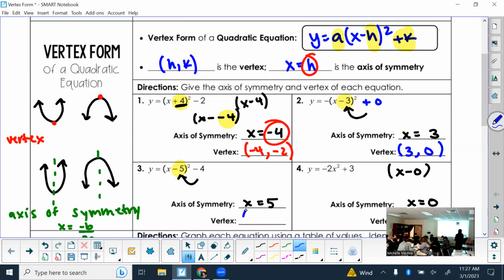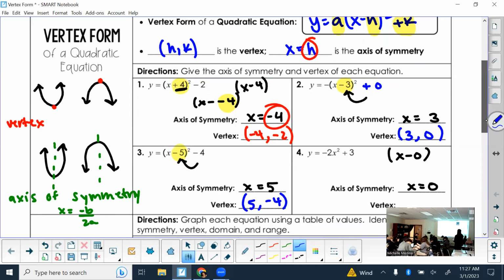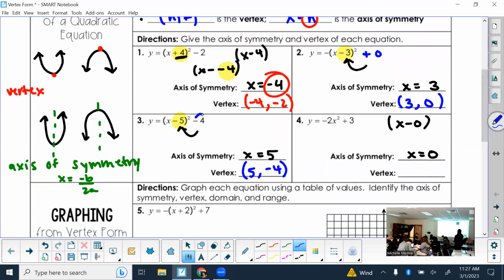What about table 4, what about the vertex for number 3? 5, -4. Agree, disagree? Okay, good. And the K is easy. It matches how it looks in the problem. The H always has the opposite sign.